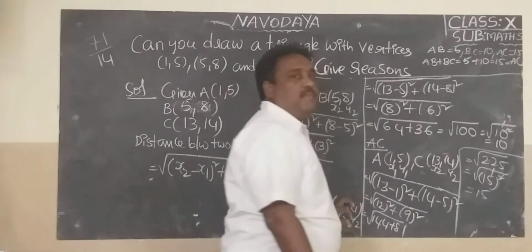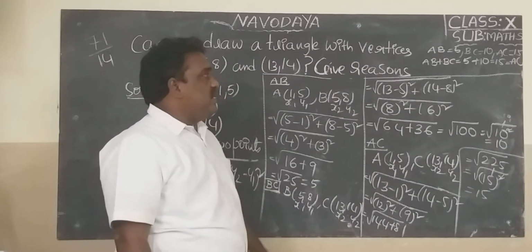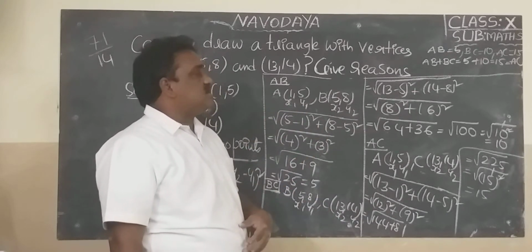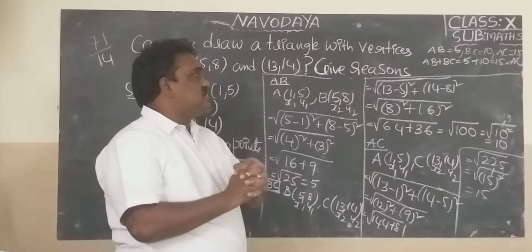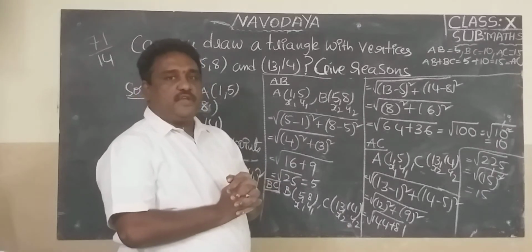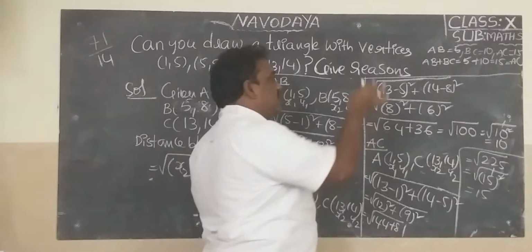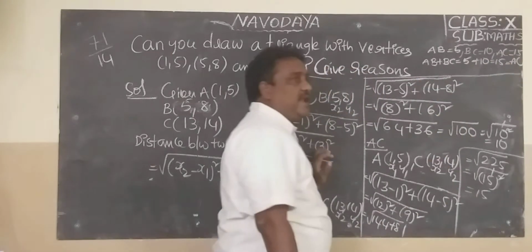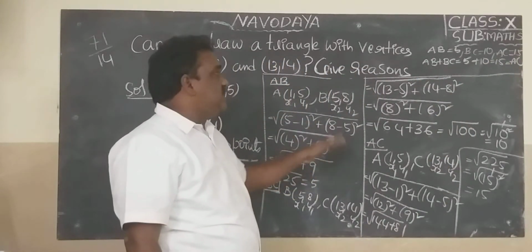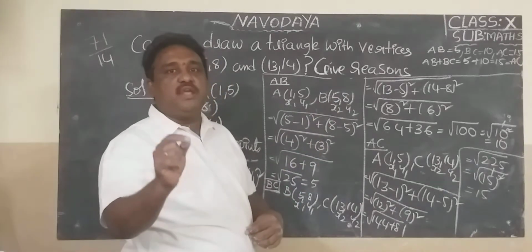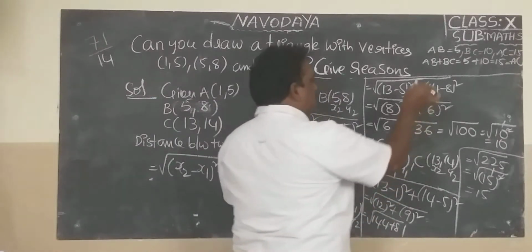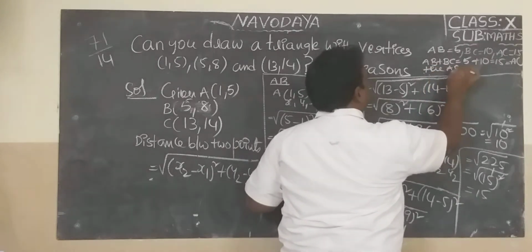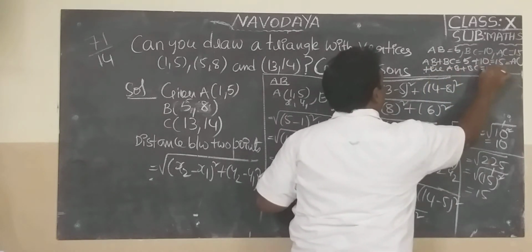So by adding AB and BC, we get AC. So AB plus BC equals AC. By adding AB and BC, we are getting AC, which means they are collinear points.